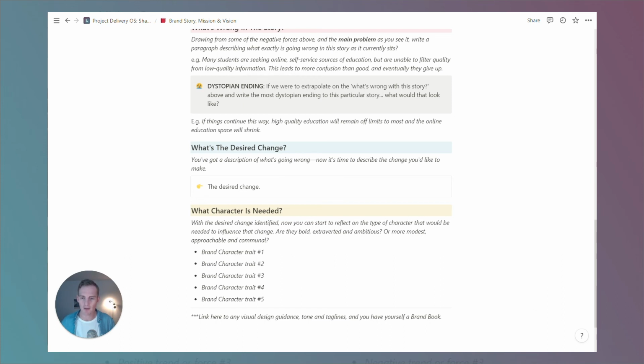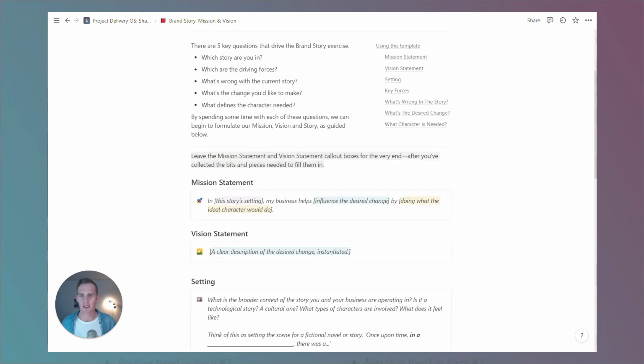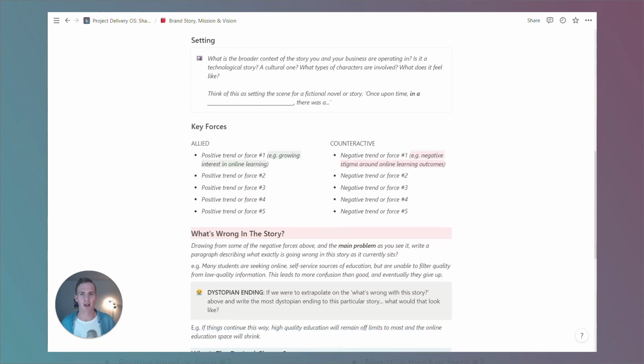So let yourself have some freedom, be creative, don't be afraid to lean into your intuitions, because the whole point of this exercise is to leverage those deep narrative pathways which we all have, and let it spill out. What is the character that could actually make this whole story come together in a coherent way?